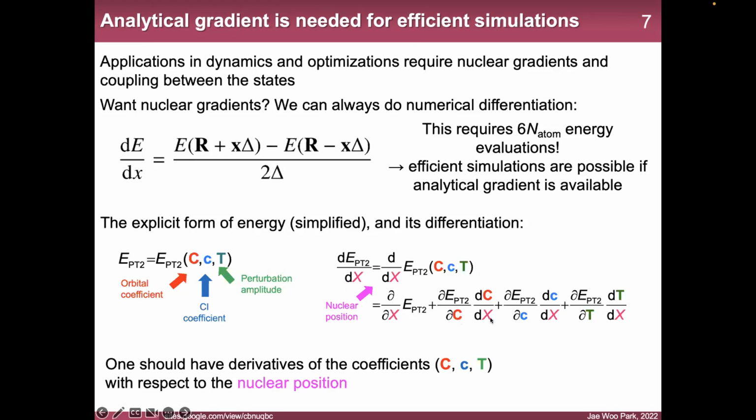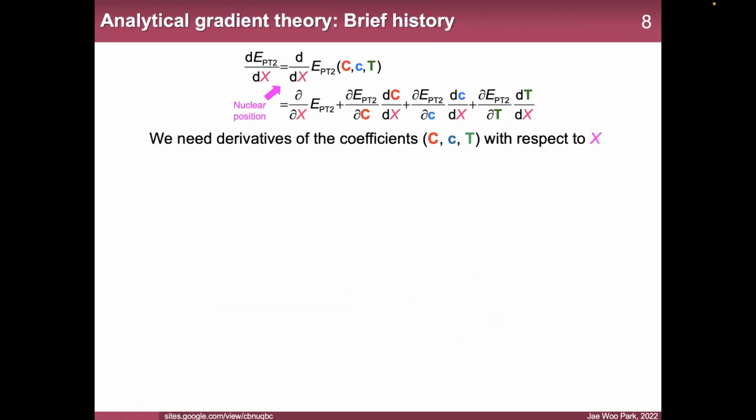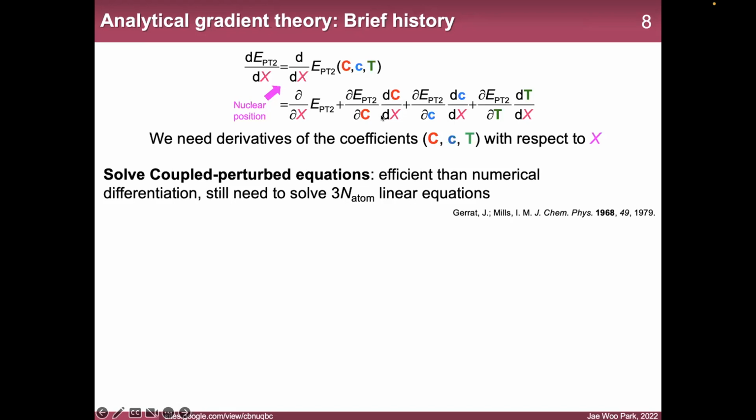We have the partial derivative of energy with respect to the nuclear position, and there are also partial derivatives with respect to those variables multiplied with the derivatives of the coefficients with respect to the nuclear position, like this. So we need these derivatives of the coefficients with respect to the nuclear position.